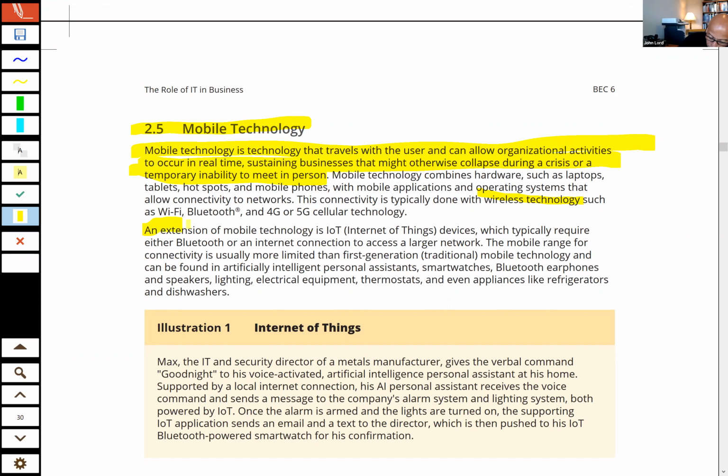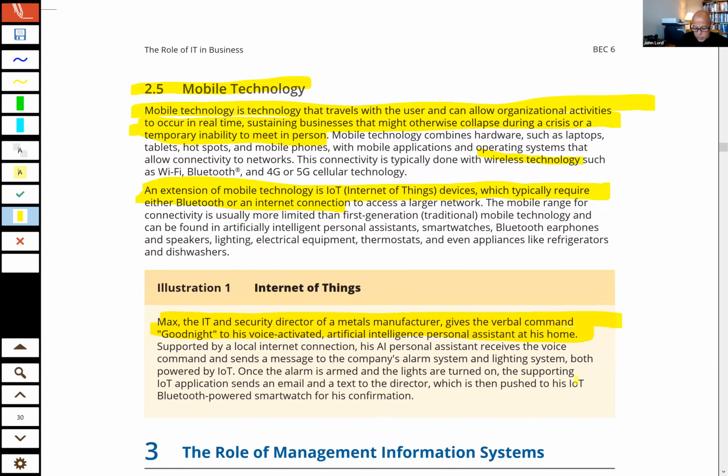An extension of mobile technology is the Internet of Things, and it's devices which typically require either Bluetooth or an internet connection. And they give us this example of Matt, who says good night to his personal assistant at home and gives verbal commands to make different things happen.